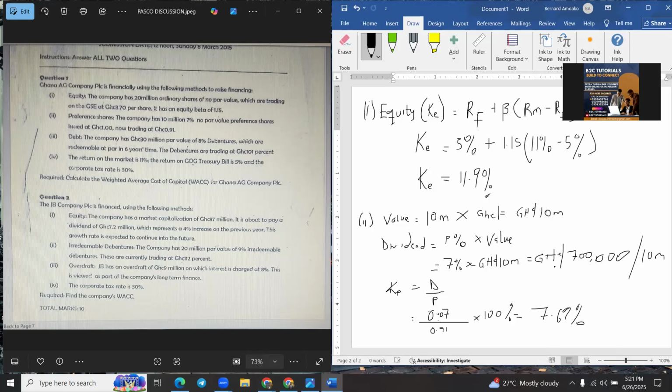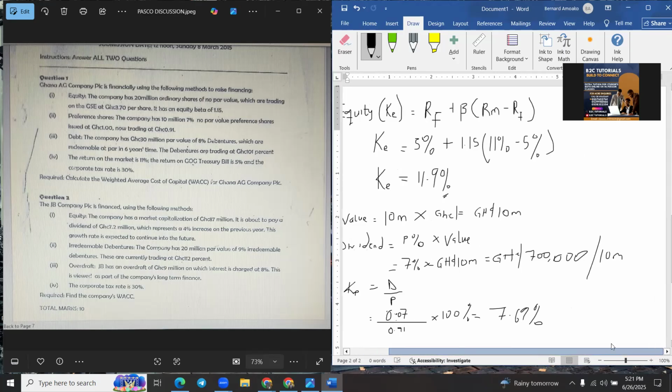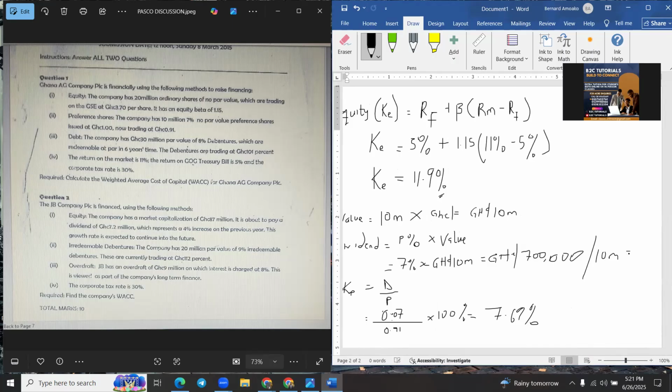Please, let's take it again. 700,000 divided by 10 million should give us a dividend per share of Ghana cedis 0.07. So let me write it well. 0.07.